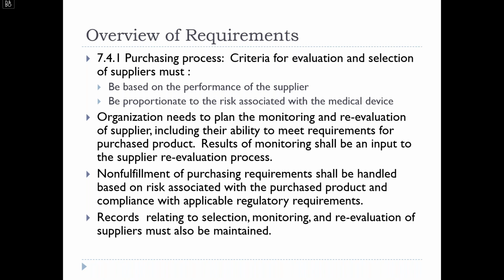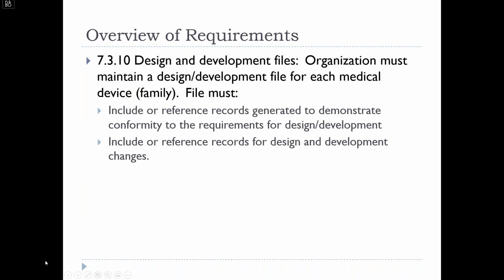If you have a supplier that is non-conforming, they're not meeting a purchasing requirement, they need to be handled based on risk associated with the purchased product and the applicable regulatory requirements, and records related to supplier selection, monitoring, and reevaluation need to be maintained.